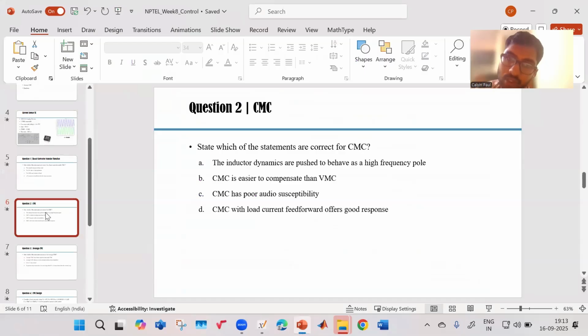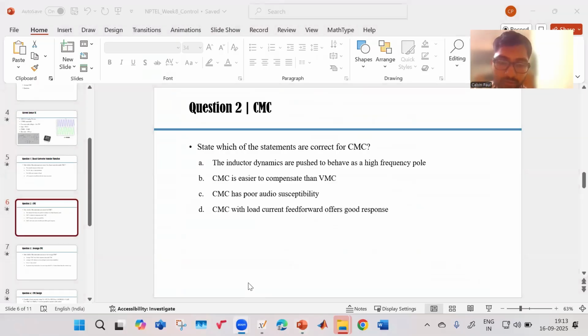Current mode control. What statements are true for current mode control? All of you can answer. Joshi also, Parvati also, Arun also.